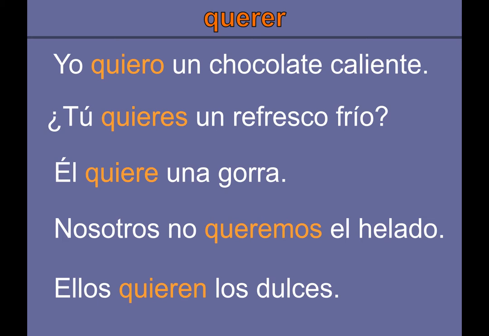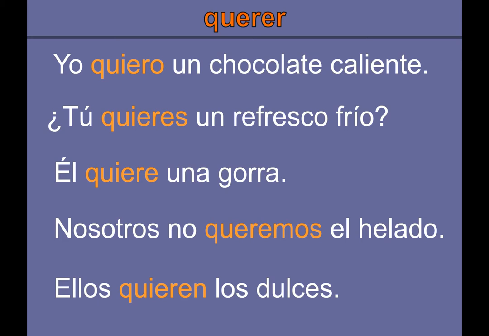Let's look at that orange verb. Up at the top above the line in the darker orange, you have the infinitive of querer. Remember, the infinitive is the base form of the verb. It doesn't tell us who's doing an action or when they're doing it, it just gives us the meaning. Looking at the sentences, what does querer mean?